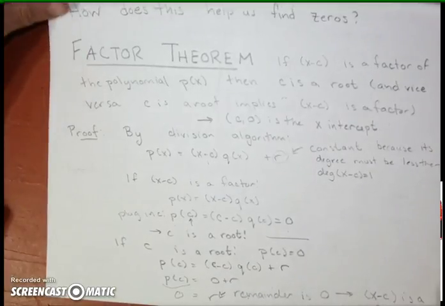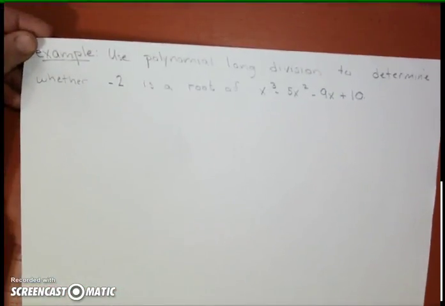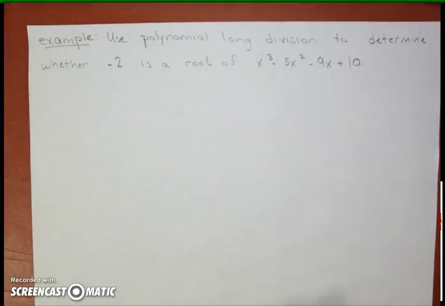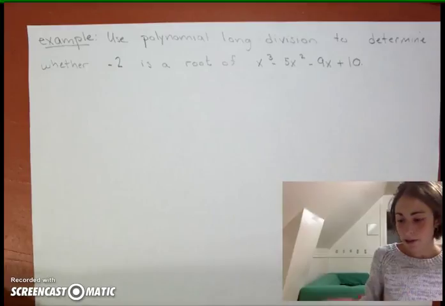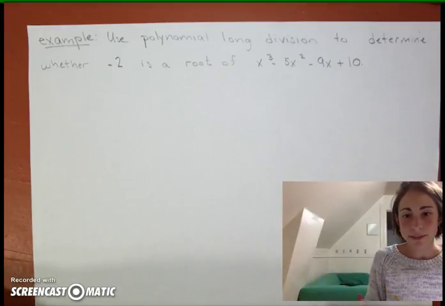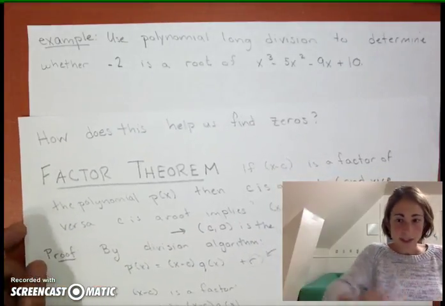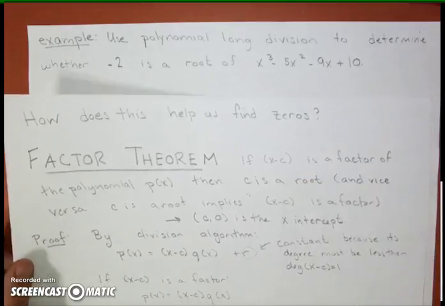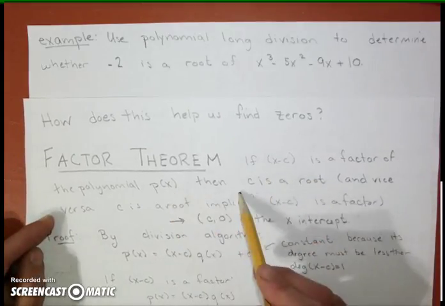Now for the important part, how we use it. For the example, I want to use polynomial long division to determine whether negative 2 is a root of the polynomial x cubed minus 5x squared minus 9x plus 10. So if we look at the theorem again, what it says is if x minus c is a factor, then c is a root.